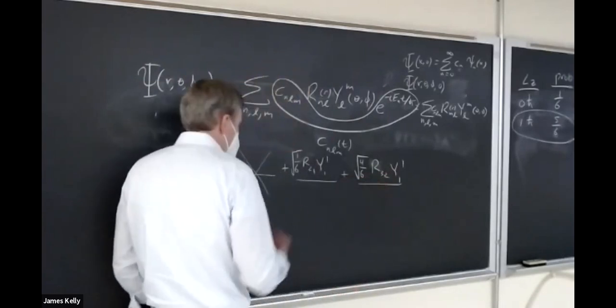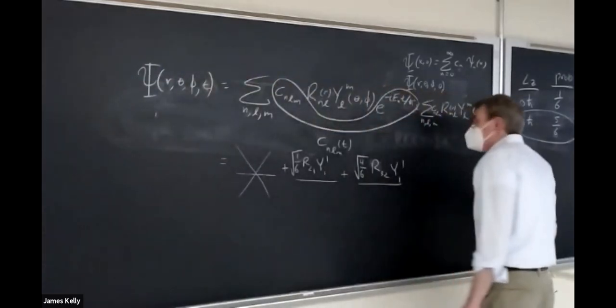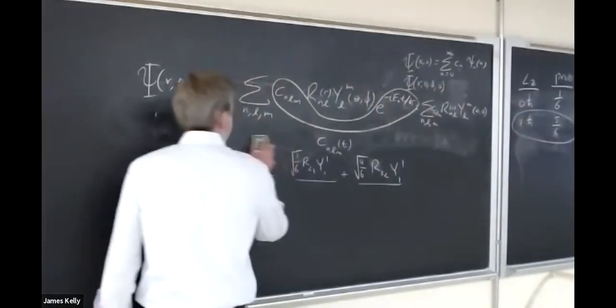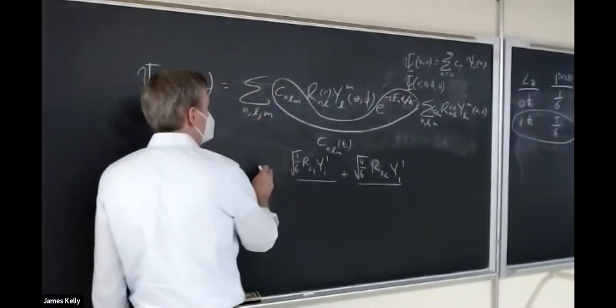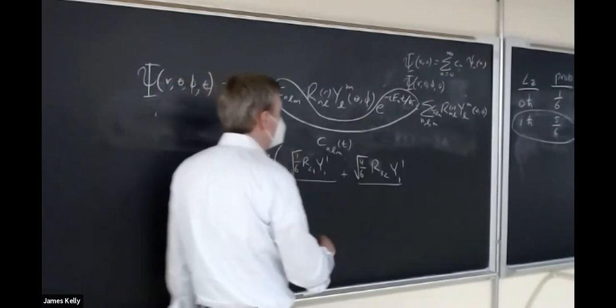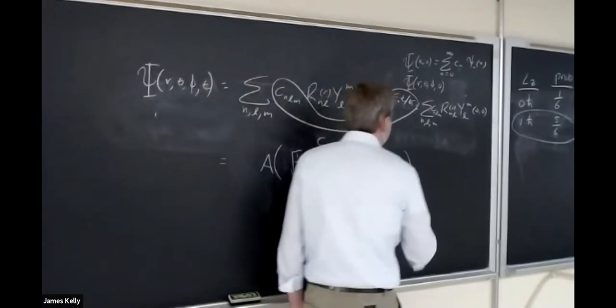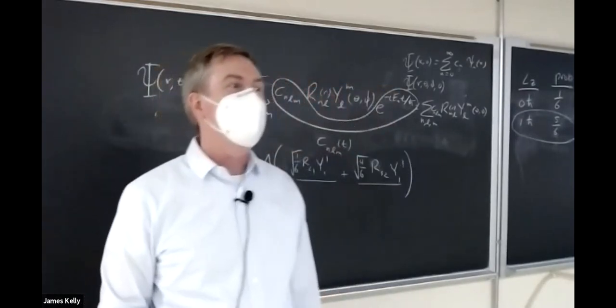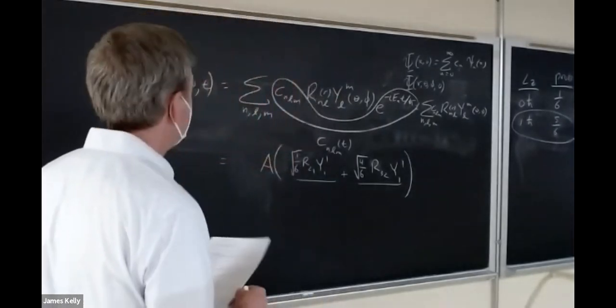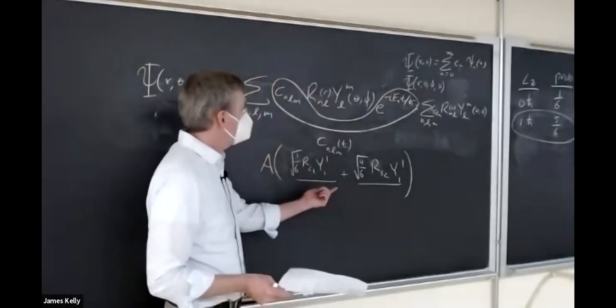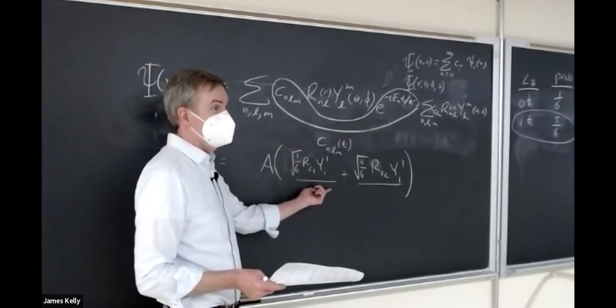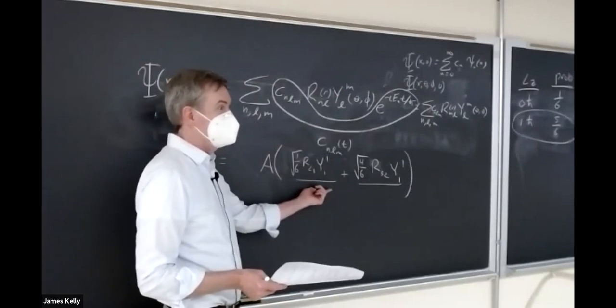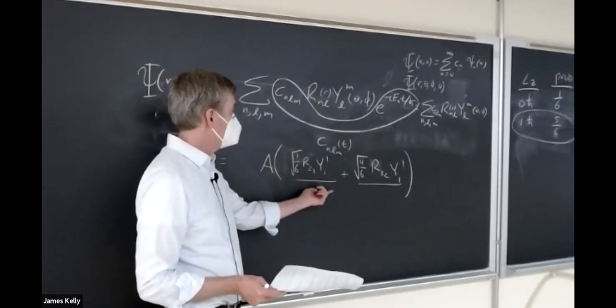There are various ways you can think about it, but the easiest way is, well, okay, that's my state. It's just not normalized. So let me put a constant out in front. And let me require that when I take the magnitude squared of this state and integrate over all space, I get 1.